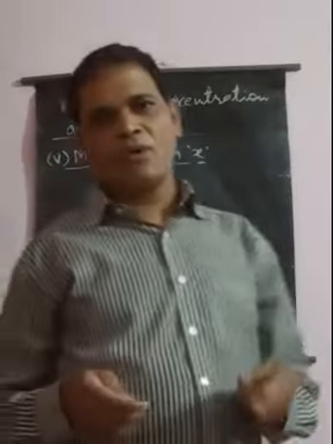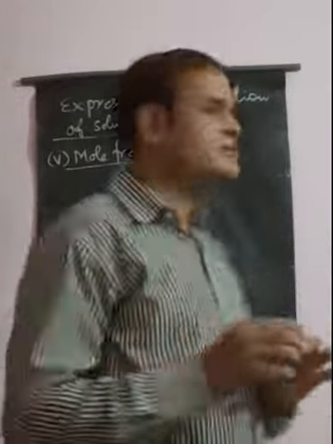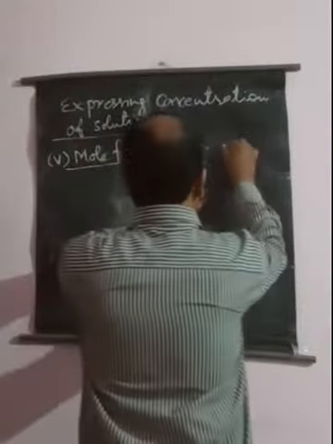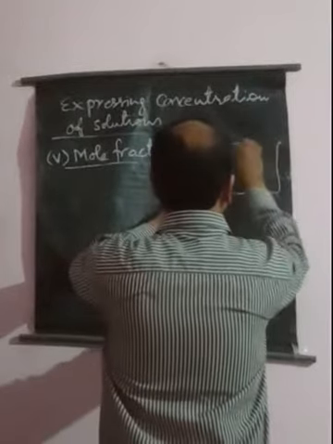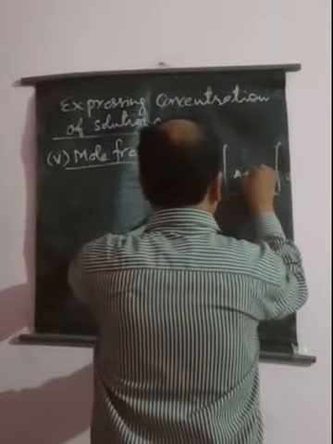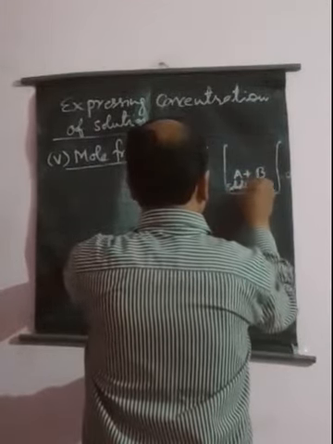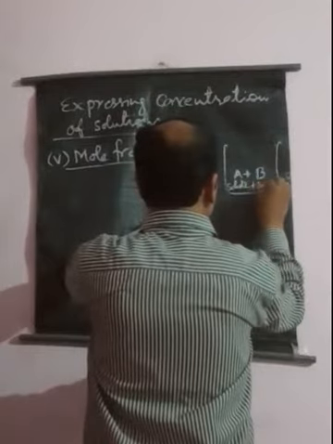Before finding out the mole fraction, we will see here a solution. Suppose a solution is made by two components, component A and component B. If component A is a solute and component B is solvent.